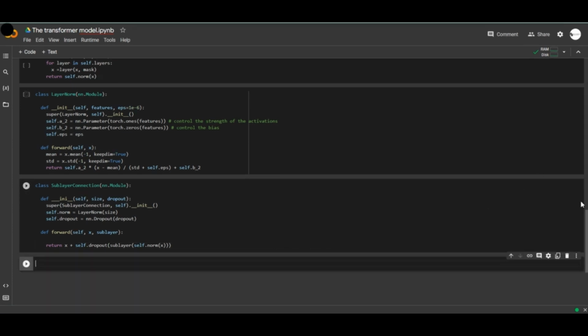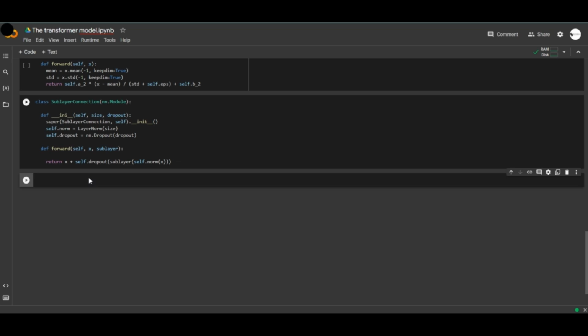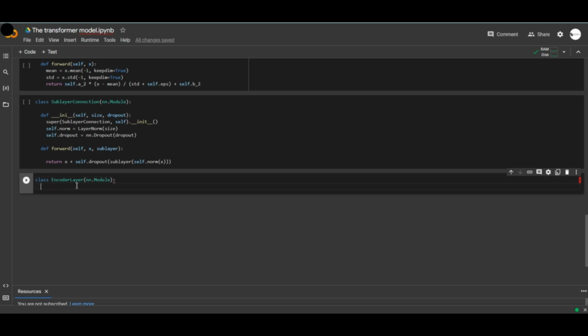So, let's look at the encoder layer. Okay, actually, you know what? I'm just going to say EncoderLayer, and it's going to take from nn.Module. So probably you already know now that this encoder layer is made up of two things, the self-attention and the feed-forward.